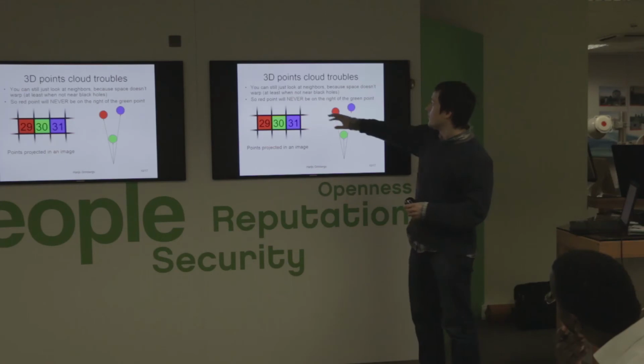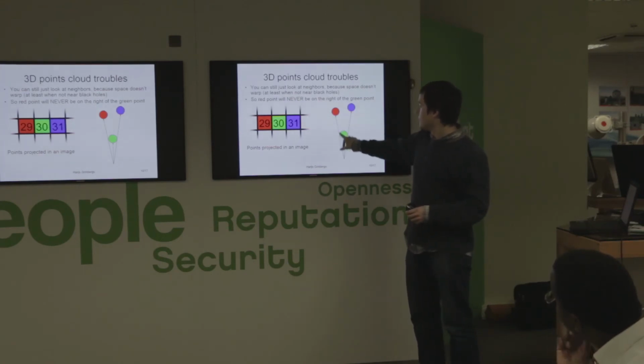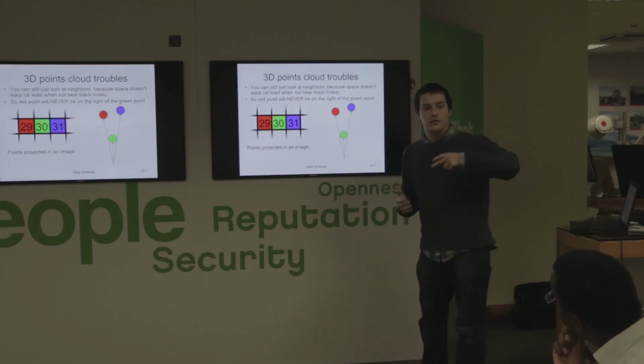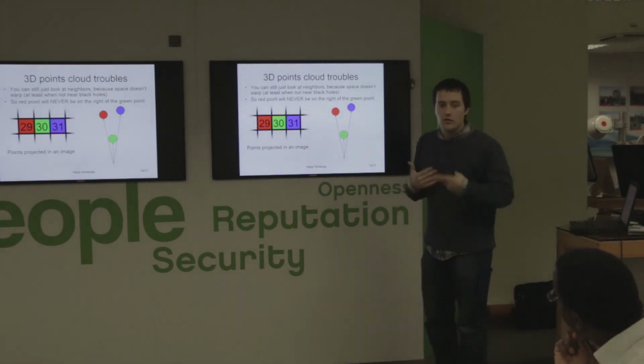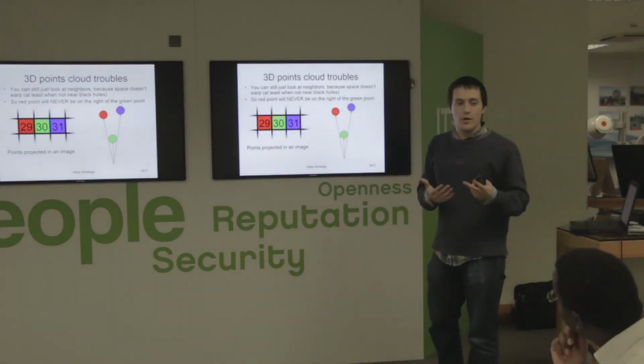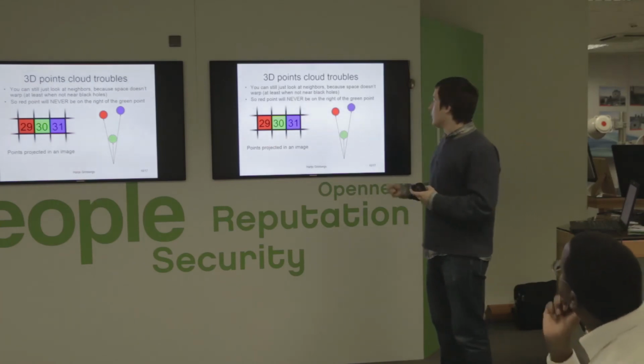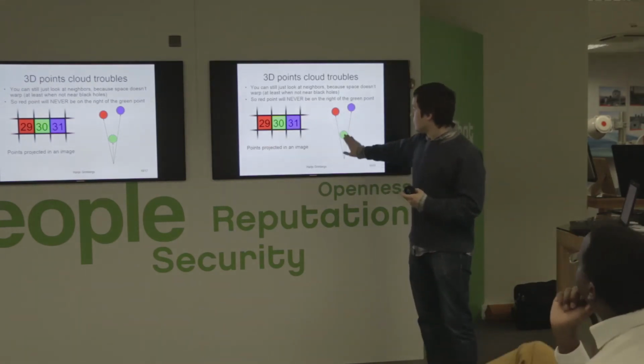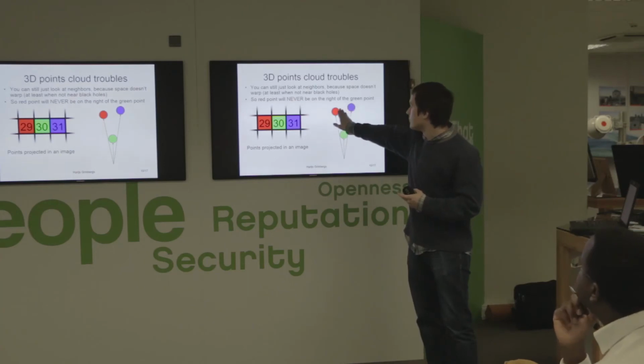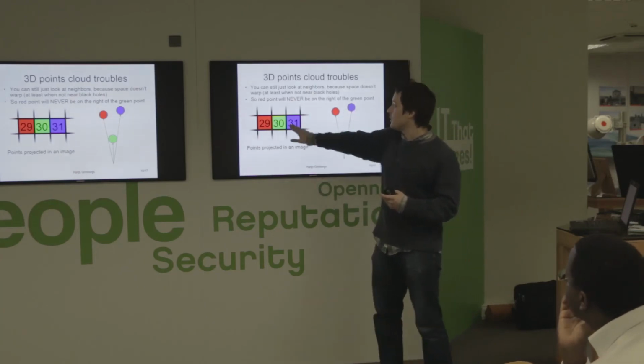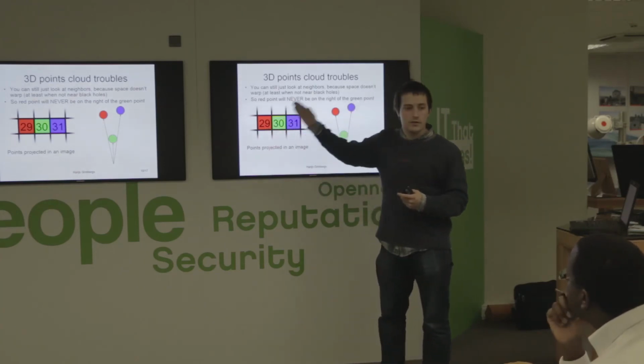For example, the red point will never be on the right of the green one. There is no distance, no camera calibration, no optics, no way in which the red one will somehow be to the left. If it is in the image, it will always be to the right.